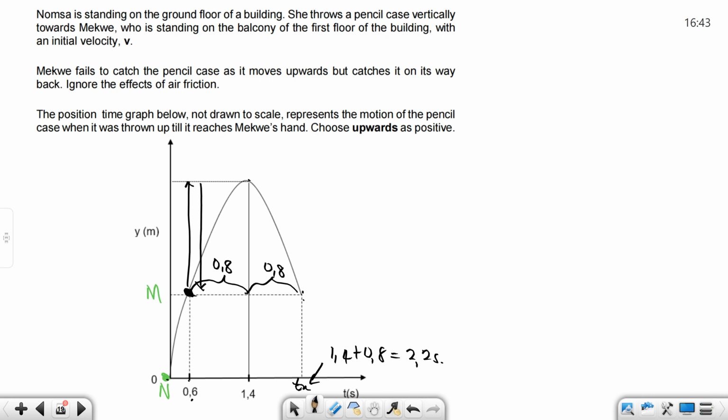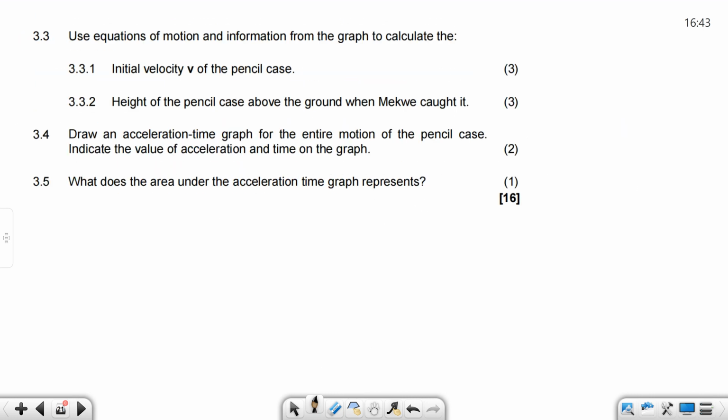Let's check, because there's no formula you would use since you don't have the displacement. You need two velocities there. I don't know the initial velocity, but I know the velocity at the maximum height, which is what? 0. And the time to reach the maximum height is 1,4. So I think we have all the information we need.